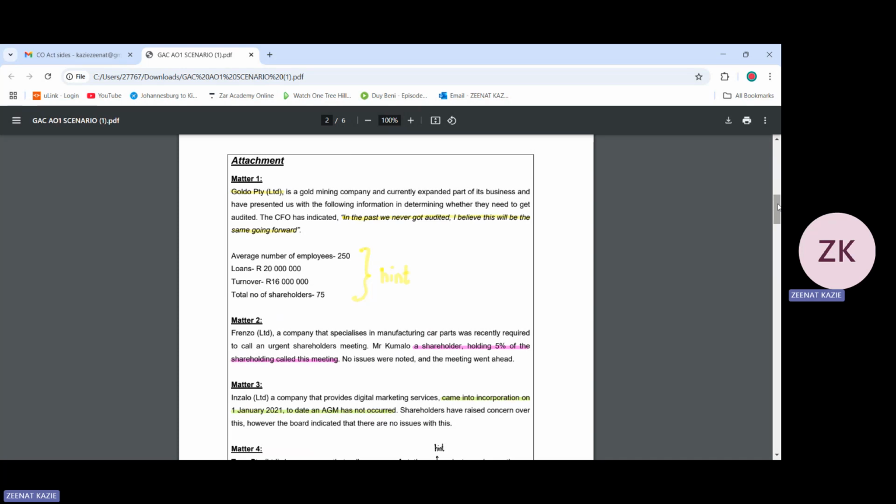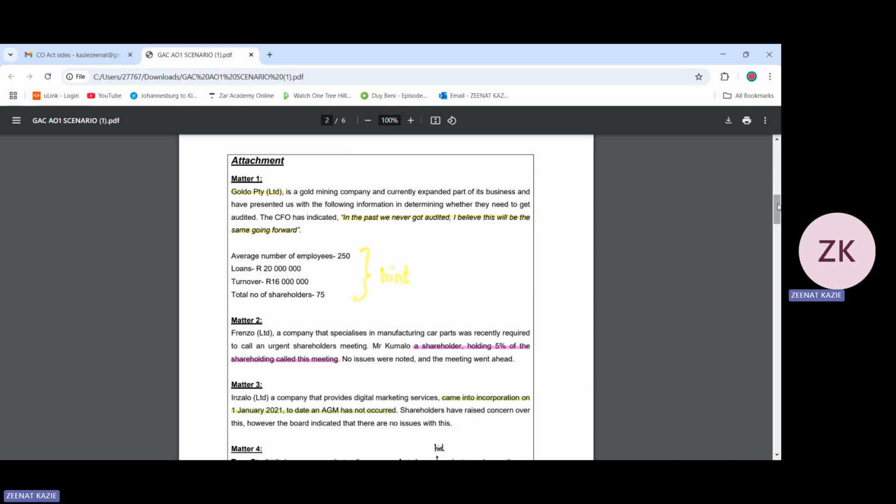But if there are any other questions that you have, or anyone is confused about anything, please do drop me an email. And the easiest way to study the Companies Act would be to either make little flashcards or make a mind map, and split the Companies Act into the different sections and then study it from there.